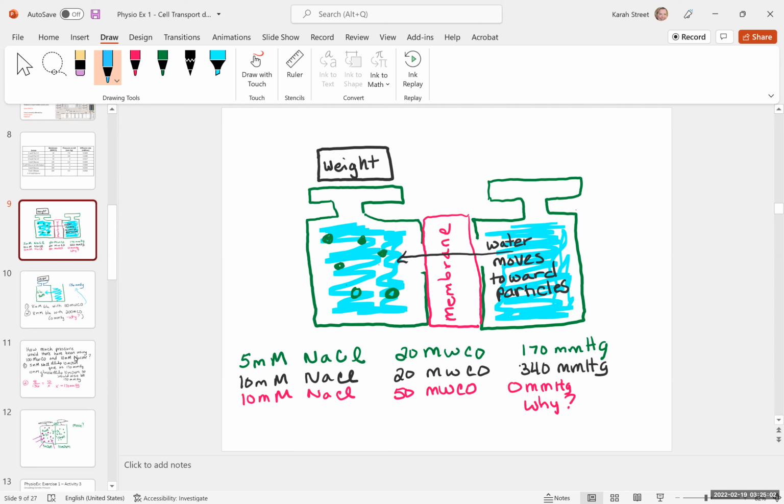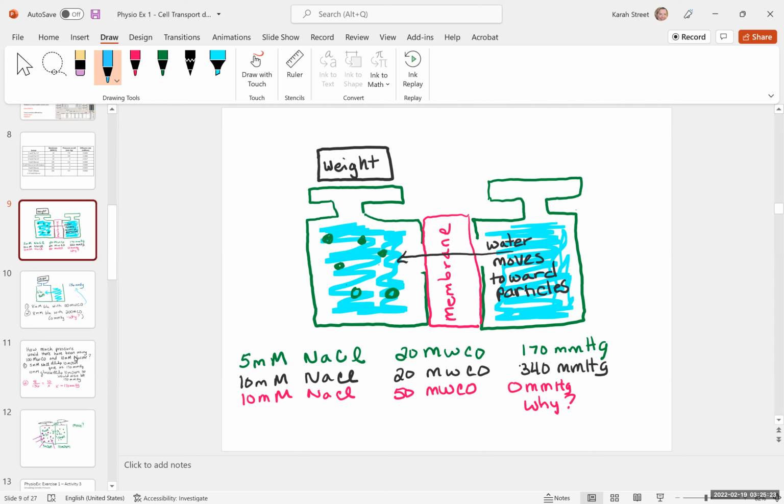Particles suck. I'll remind you, if there's unequal concentration and the solutes cannot move, water will. How much counter pressure did we have to apply? We had to apply 170 millimeters of mercury.